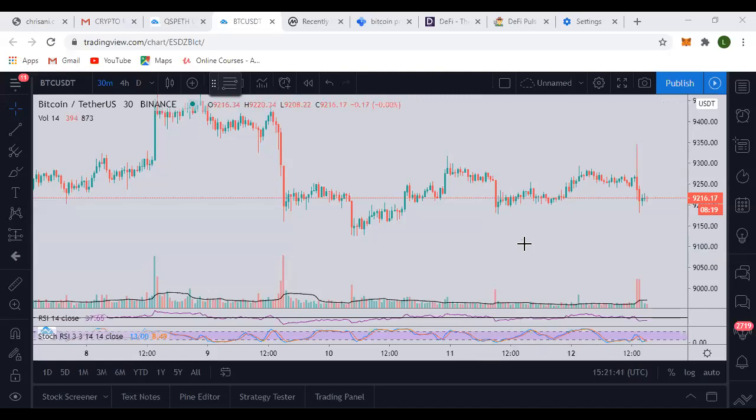Okay. So, basically, the simplest definition I'm going to give to support and resistance is this: support is a floor, resistance is a ceiling. Yes, support is a floor, resistance is a ceiling. Let me show you.